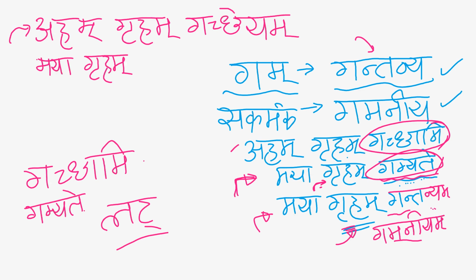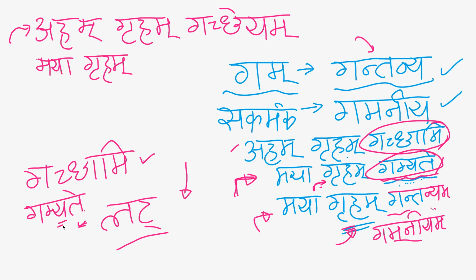We take the tinganta, and this is atmanepadi. For karmani or bhave, everything is in atmanepadi, any lakara. And then we add this yak pratyaya, ya pratyaya, to the dhatu.